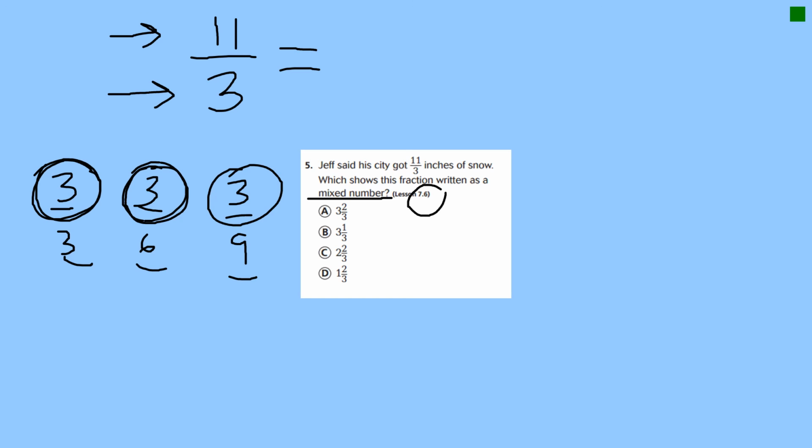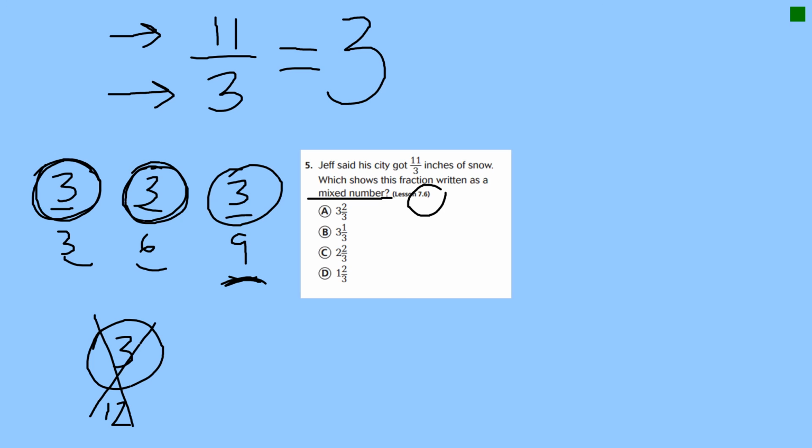1, 2, 3. Okay, can we make another whole thing? Do we have enough pieces? 9, 10, 11, 12. Nope. We only have 11 pieces. So with 11 pieces, we made 3 whole things. But we only used 9 pieces.